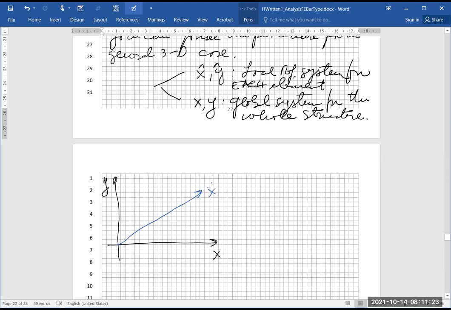This is X hat, and this is Y hat. Now you see that this is the Z direction. So this is the positive rotation angle. To specify the local from the global, we rotate an angle theta. So this is from the global to the local.